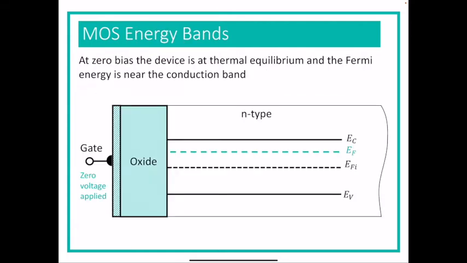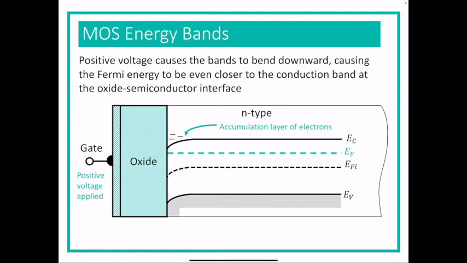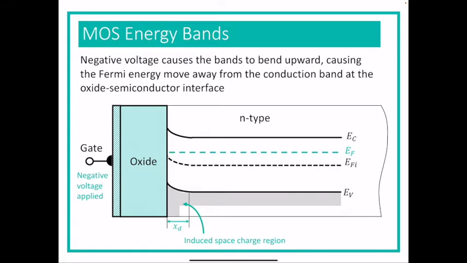And then when the energy bands bend, they also go in the opposite direction. So we get an accumulation layer of electrons when the positive voltage is applied. And then when we apply negative voltage, we get the bands bending upwards, and we get a space charge region.